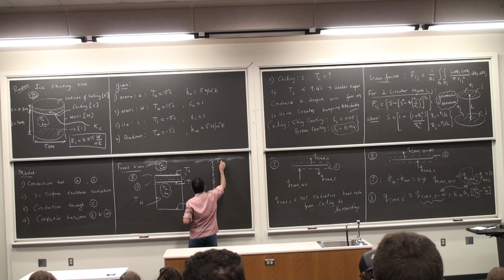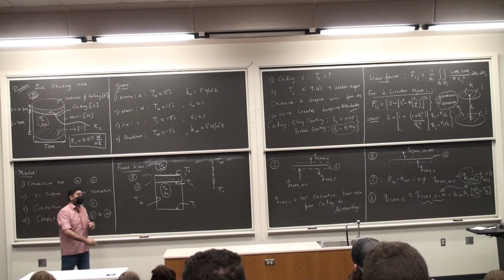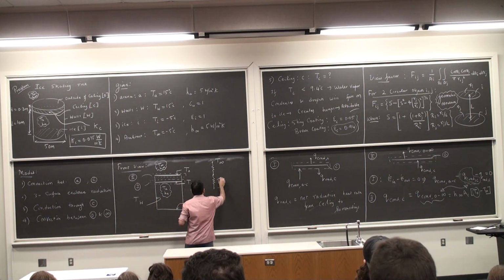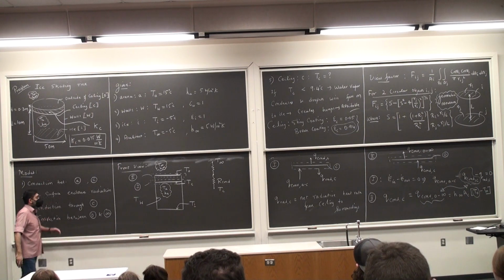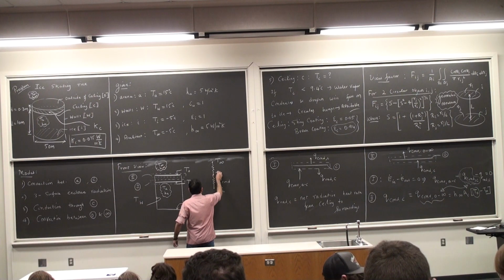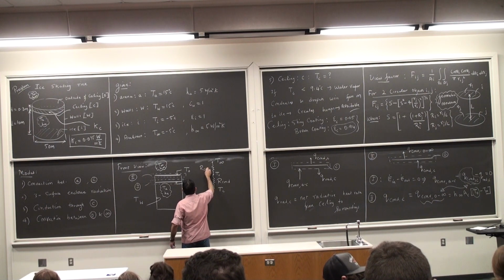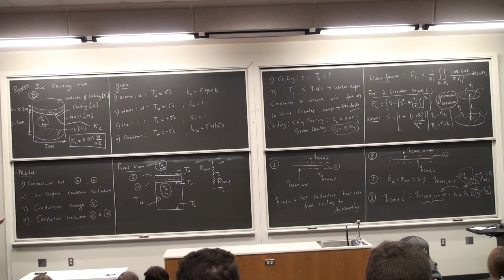Tc, T infinity, I have conductive resistance as I flow through the ceiling, so this is R conduction. And then I have convective resistance as I go from outside onto the T infinity. This is T out, if you would like. And this is R convection. And whatever is the current flowing through the circuit is nothing but Q conduction.